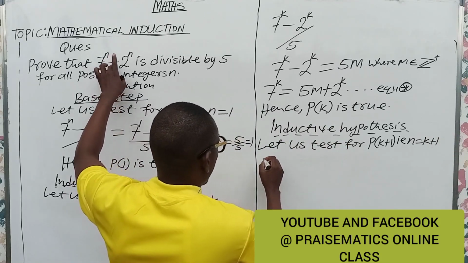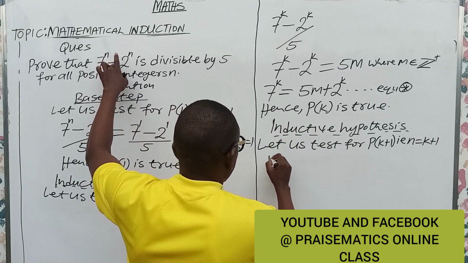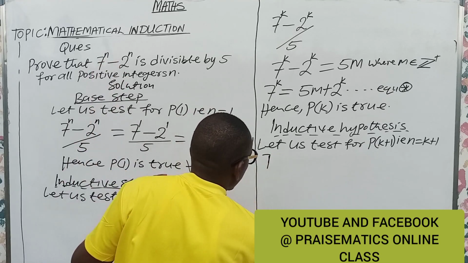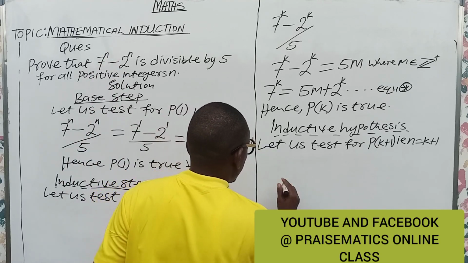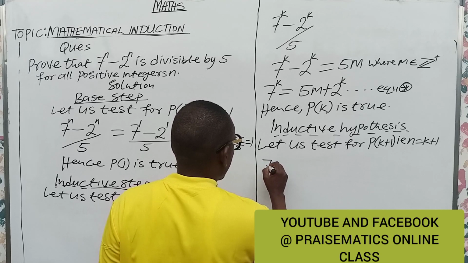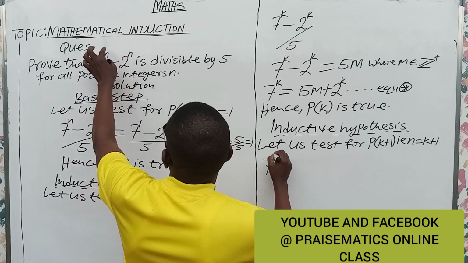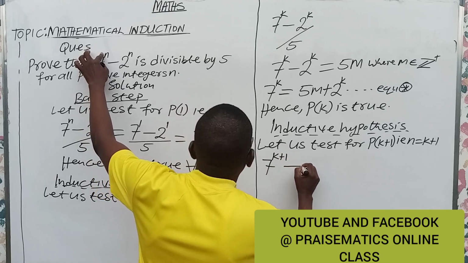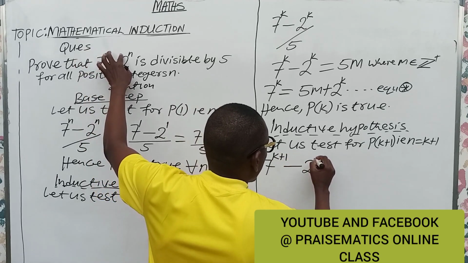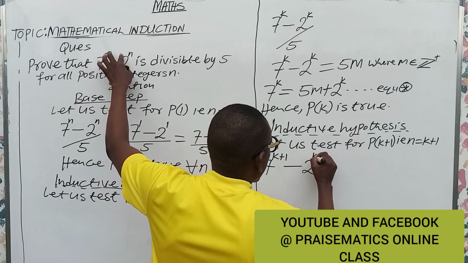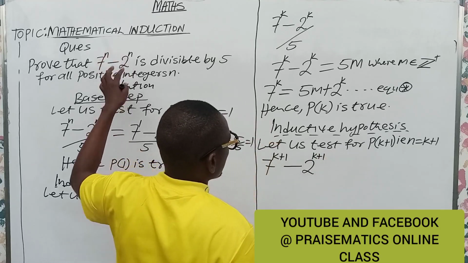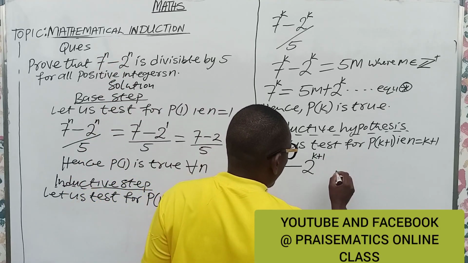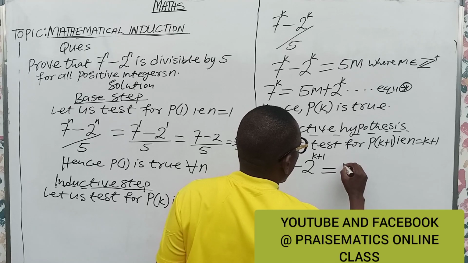From here you can agree with me that this is 7 raised to power k plus 1 minus 2 raised to power k plus 1. Anywhere you see n, call it k plus 1. Is it divisible by 5?